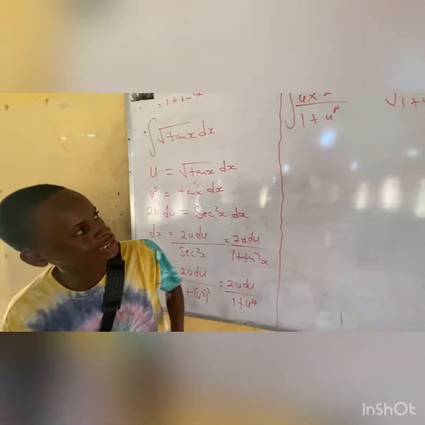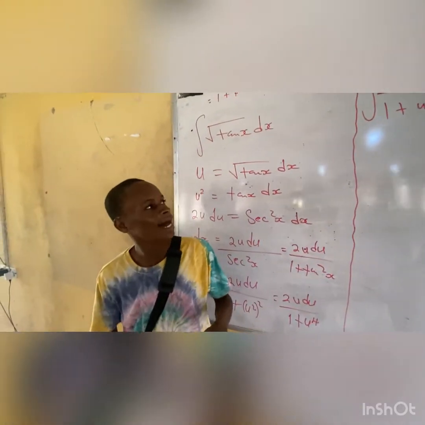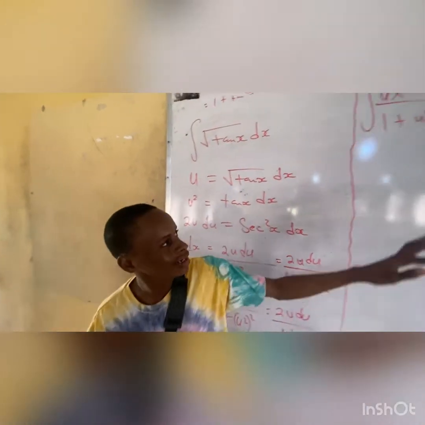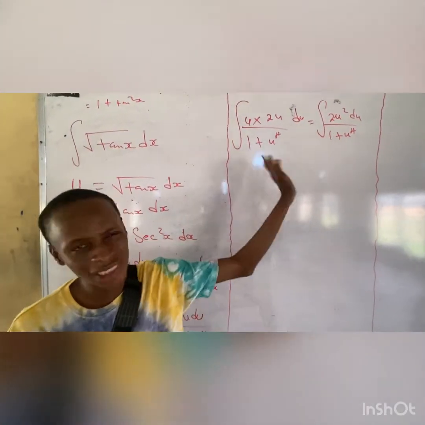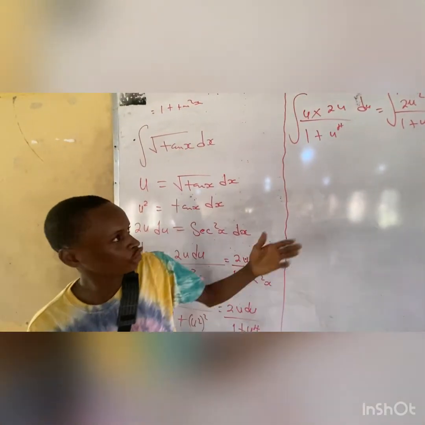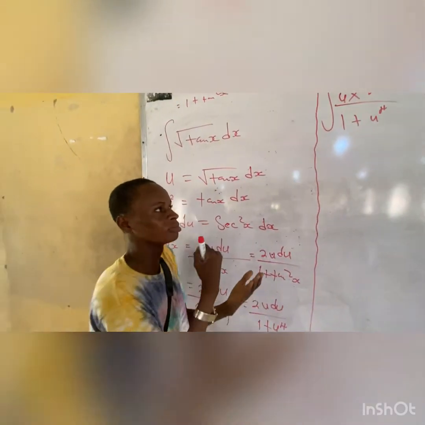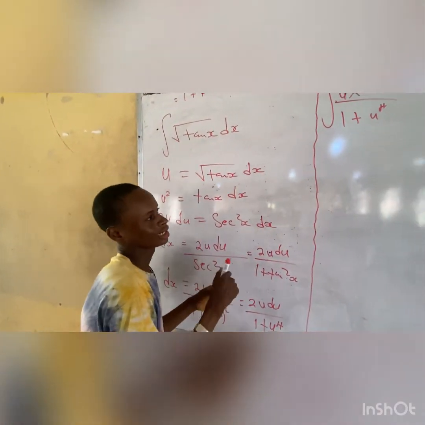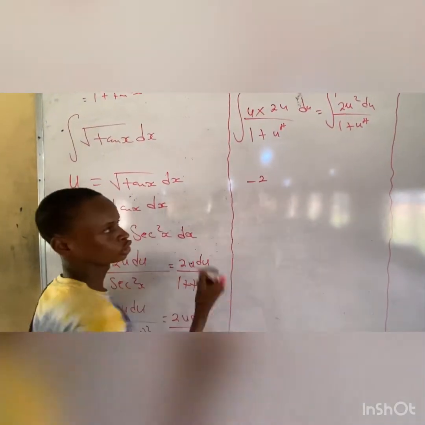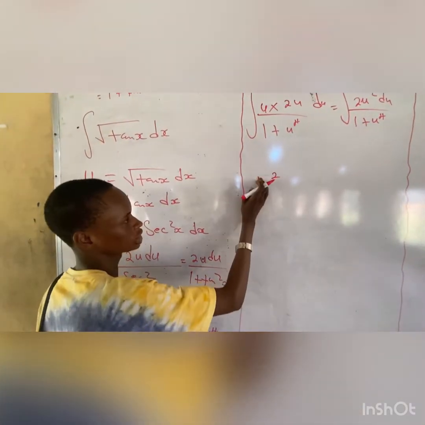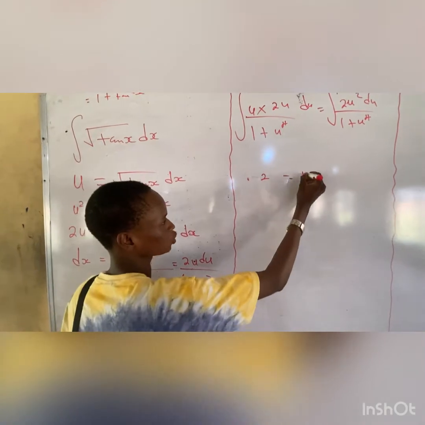Now there's this special thing about integration. You have to split this integral in order to make it easy. Positive 2 can be written as 1 plus 1.